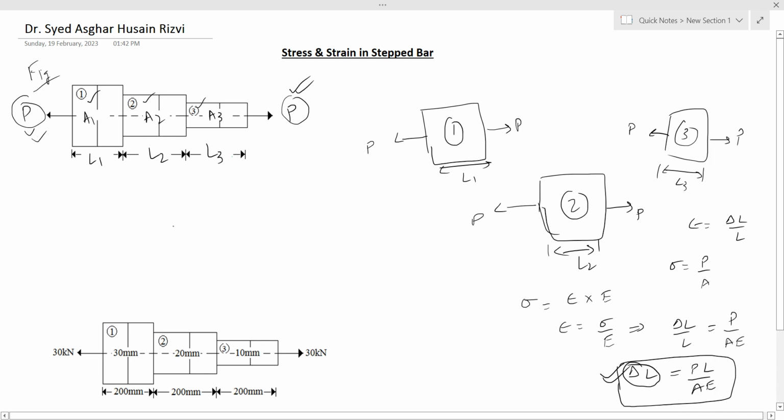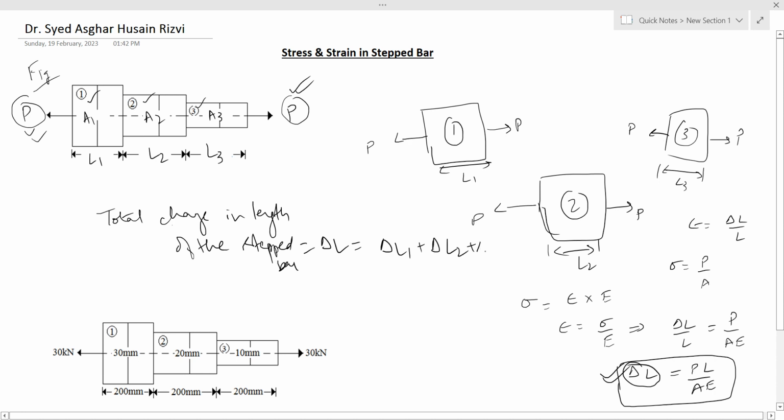So the total change in length of the stepped bar will be del L equals del L1 plus del L2 plus del L3.